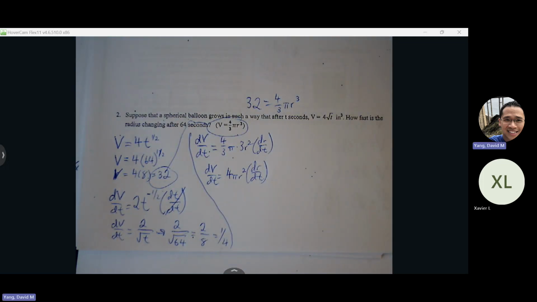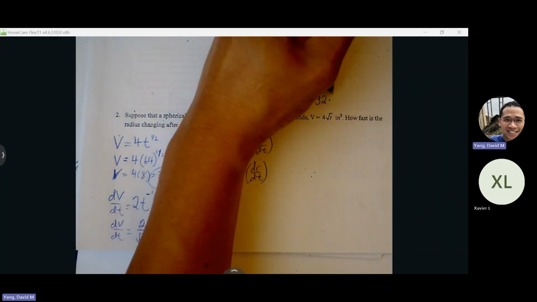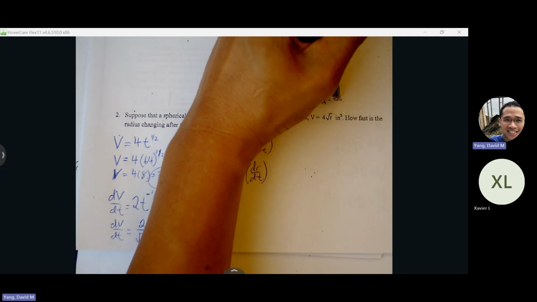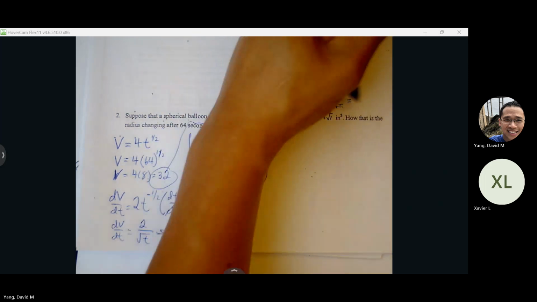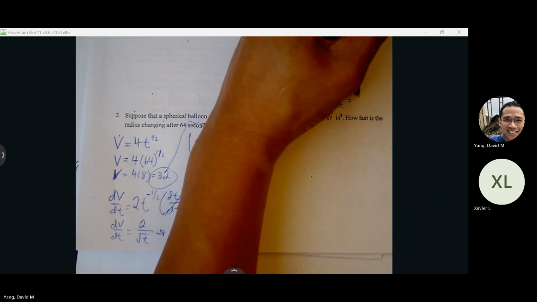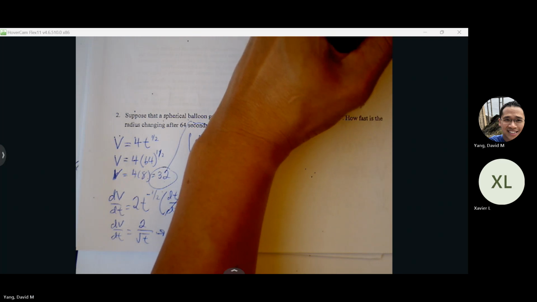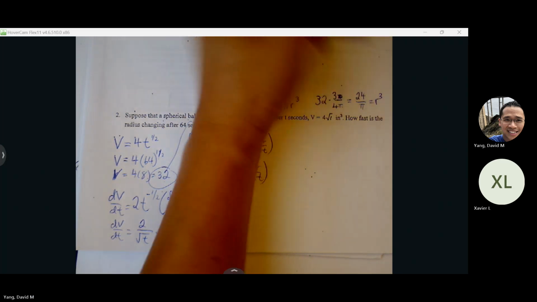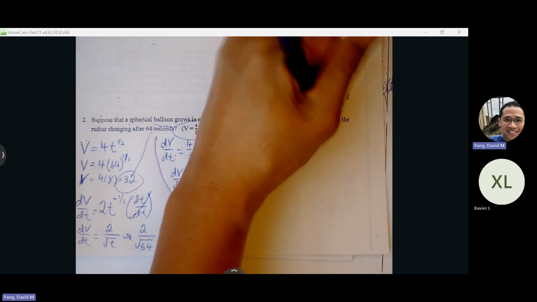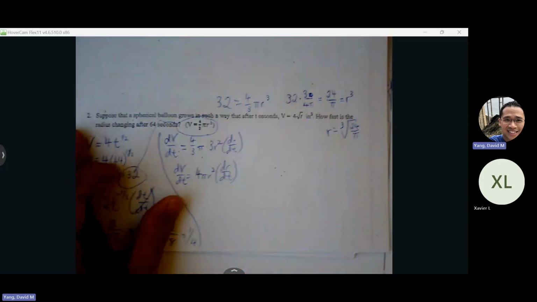Okay, so 32 divided by 4/3 pi is the same thing as 32 times 3 over 4 pi, and that ends up giving us 24 over pi. Then the cube root of that, so r is equal to the cube root of 24 over pi. Now we have everything that we need.